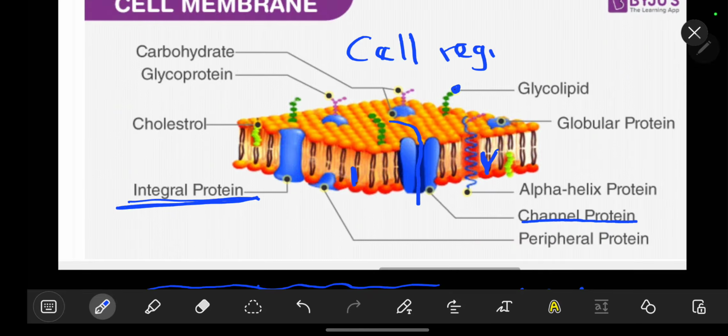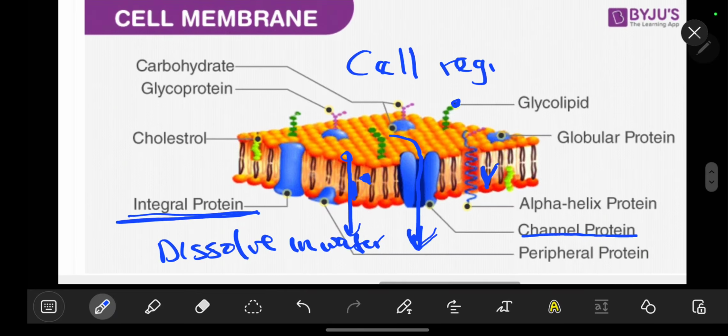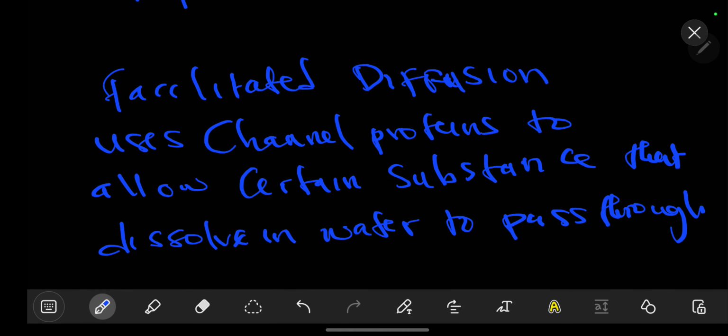Not all substances are able to pass through the pores, because many substances dissolve in water, and water is not liked by the hydrophobic tail, so here they would be prevented. So those substances pass through the cell membrane via facilitated diffusion, where they have to use the channel proteins.